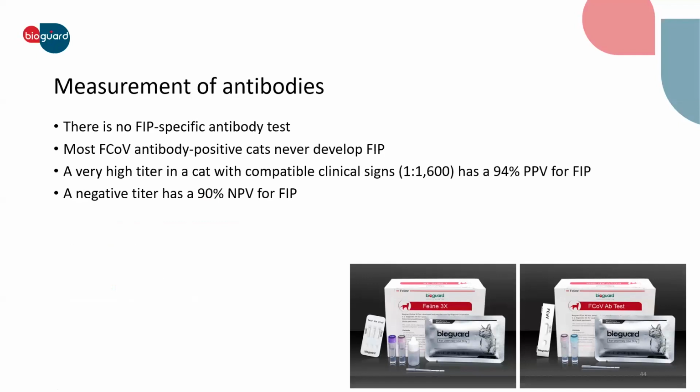Most FCoV antibody positive cats never develop FIP, because about 5 to 12% of FECV infected cats will become FIP. So most cats will not develop into FIP.